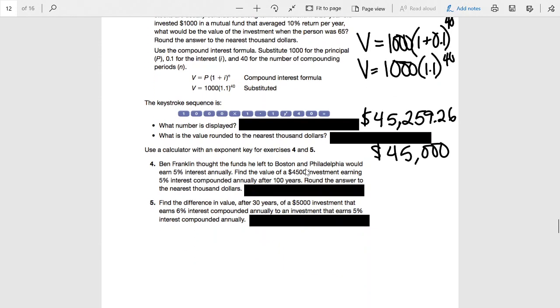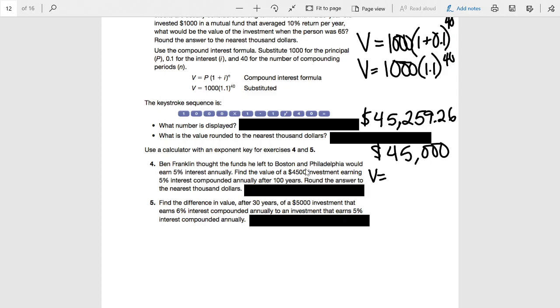Let's try another one with this compound interest using our calculators. So Ben Franklin thought the funds he left to Boston and Philadelphia would earn 5% interest annually. Find the value of a $4,500 investment earning 5% interest after 100 years. Well, we plug that all into our formula.